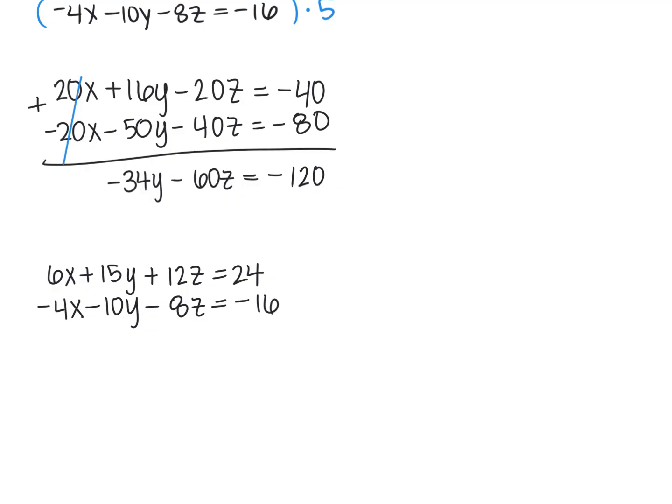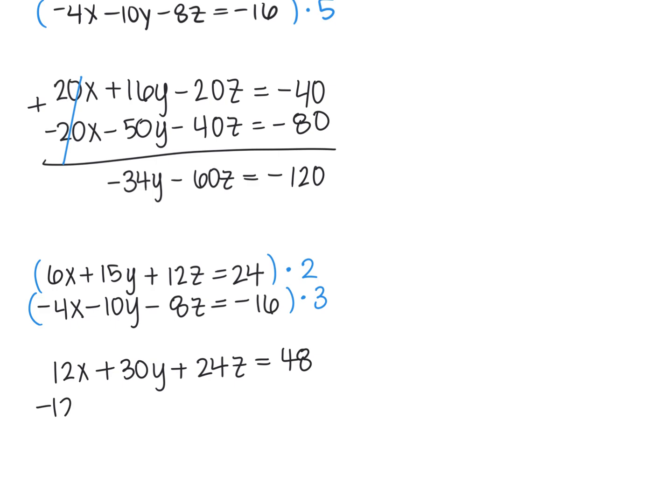So now I'm going to need to multiply both equations in order to eliminate x. So 6 and 4 can both become 12. So I'm going to multiply the first equation by 2 and the second equation by 3. We're going to get 12x plus 30y plus 24z equals 48.